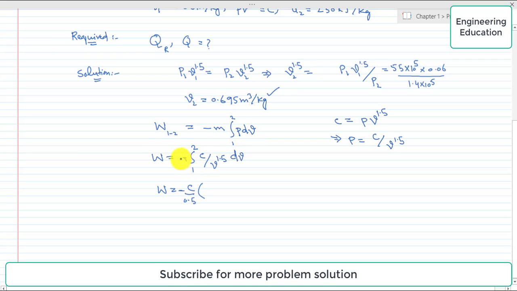The effect of the minus sign will become positive, because when we apply integration, minus 1.5 plus 1 is equal to minus 0.5, so it will become positive. So C by 0.5, 1 over V2^1.5 minus 1 over V1^1.5.